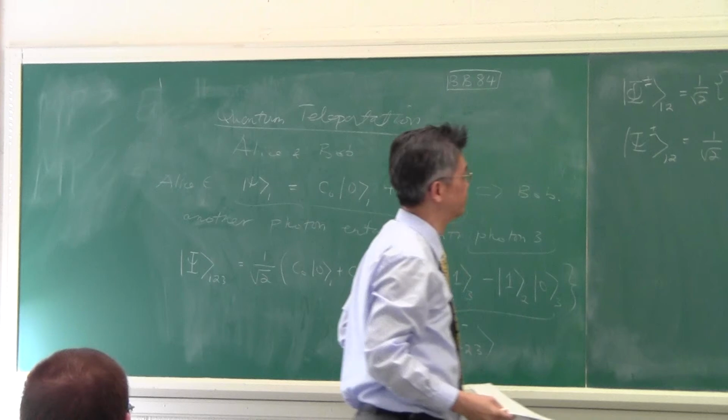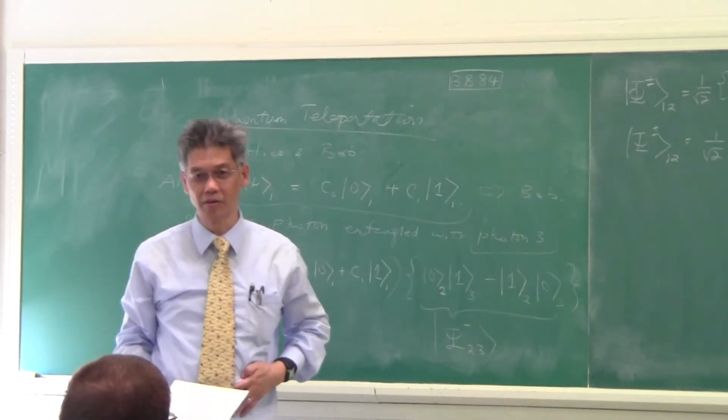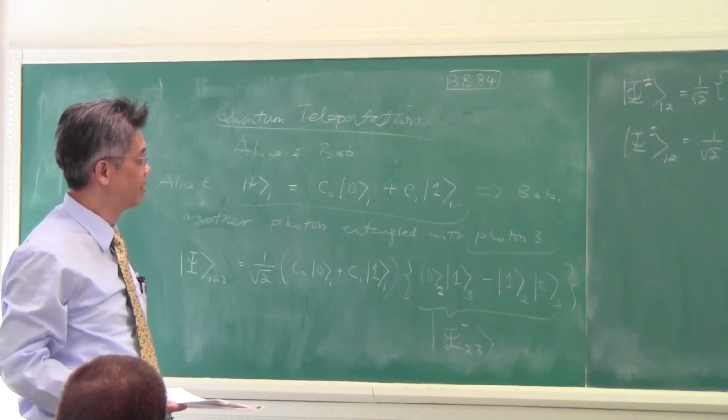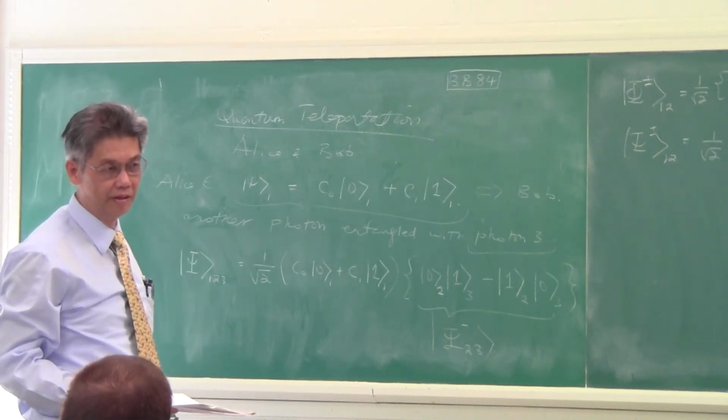These are the 4 Bell states. It turns out that these 4 Bell states are orthogonal to each other. You can multiply them together and find the inner products. They are orthogonal to each other.